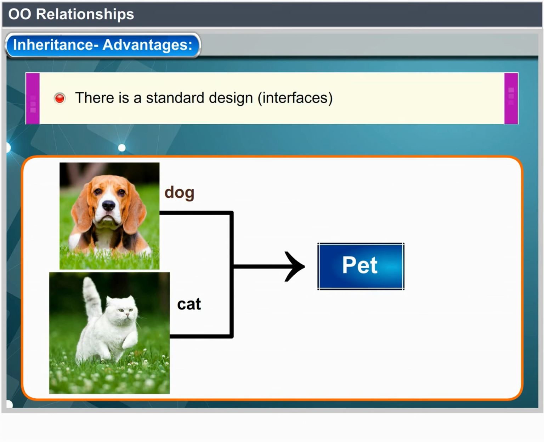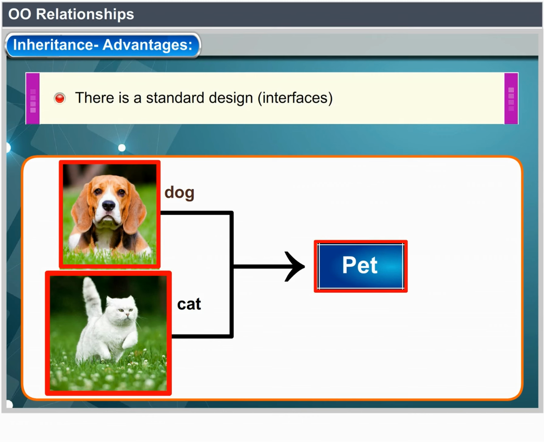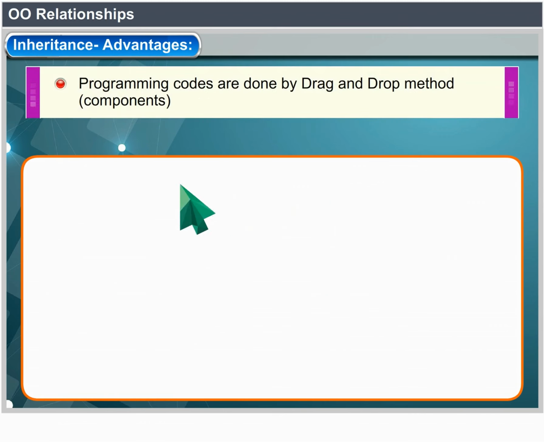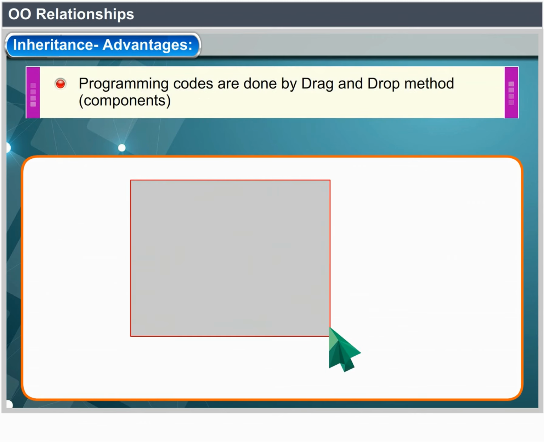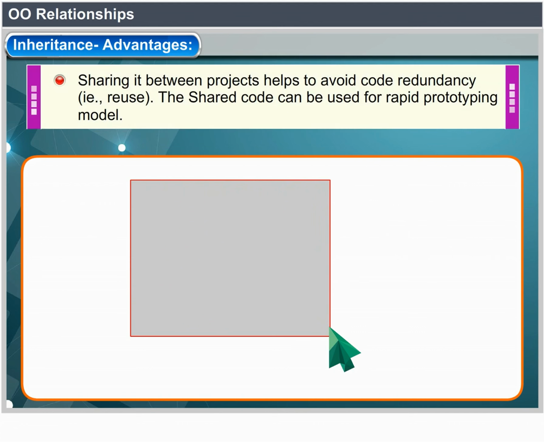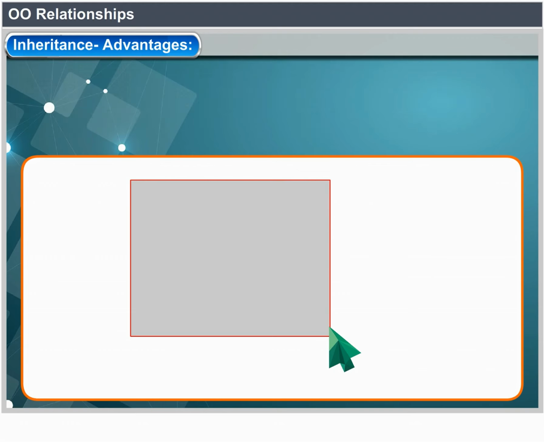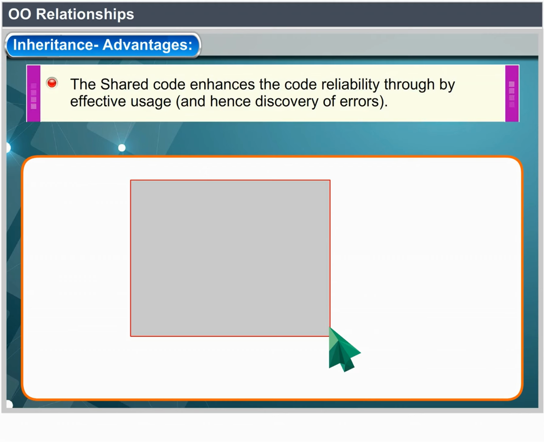Enforcing standards at a design level. Interfaces. Programming by drag and drop components. Avoid redundant code by sharing it between projects. Reuse. Shared code allows for rapid prototyping via reuse. Shared code produces greater reliability via greater use and hence discovery of errors.